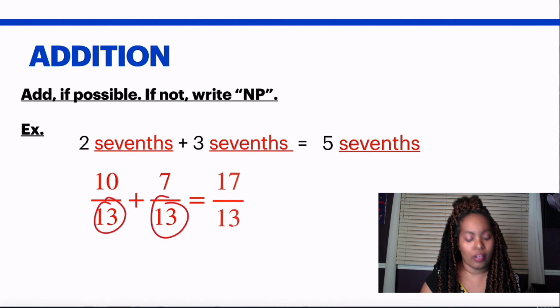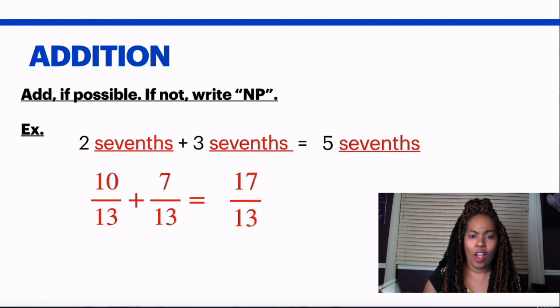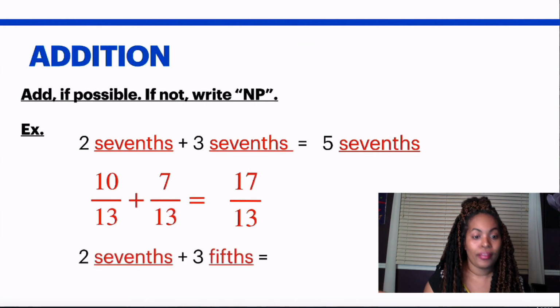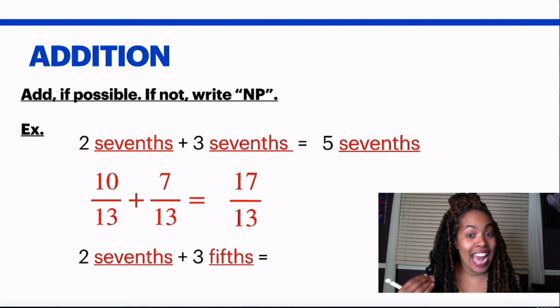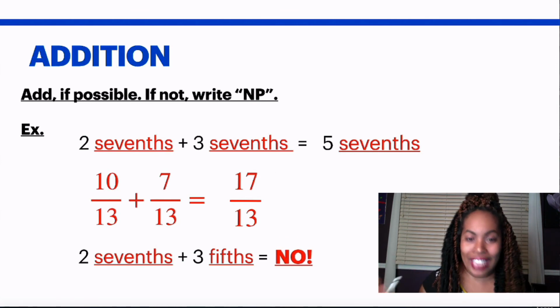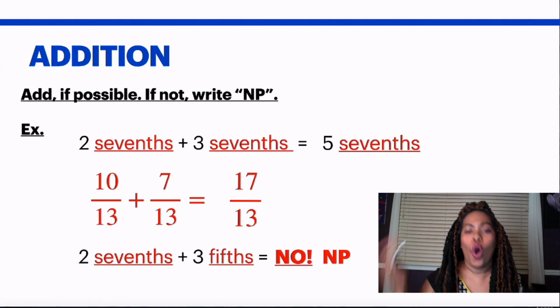When you add these 13ths together, what do you get? More 13ths, 17 13ths. Easy. Now, lastly, we have 2 7s plus 3 5ths. Think about it. 7s, 5ths. Are they the same thing? Nah. So you can't add them, because you have to only add the same things.